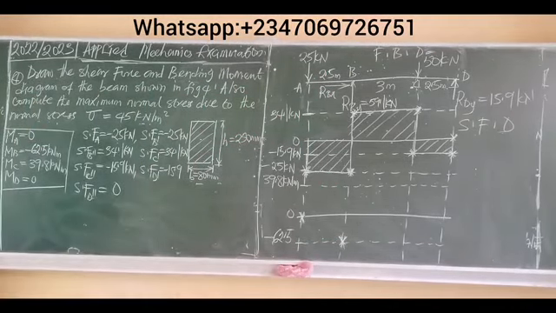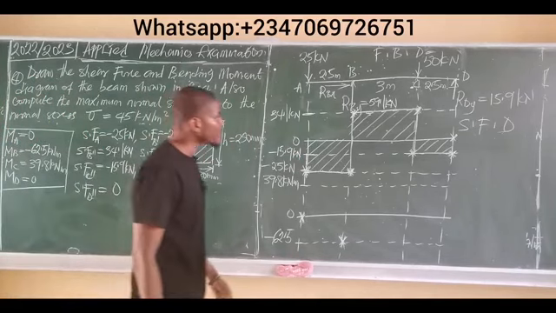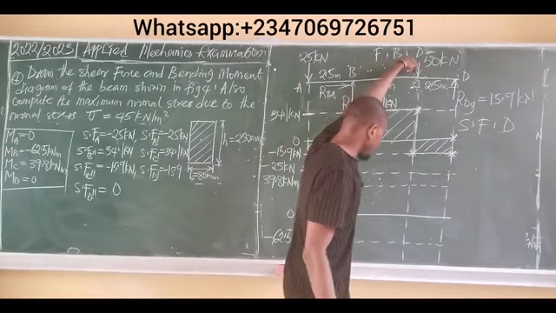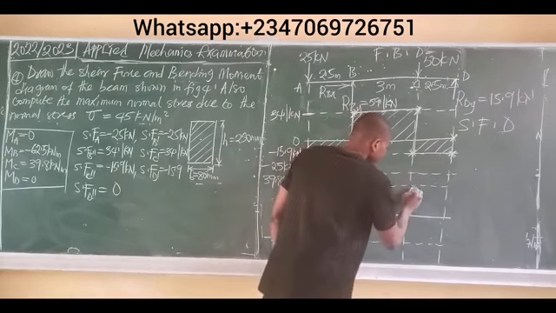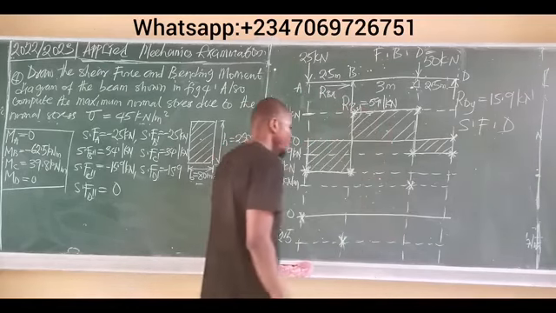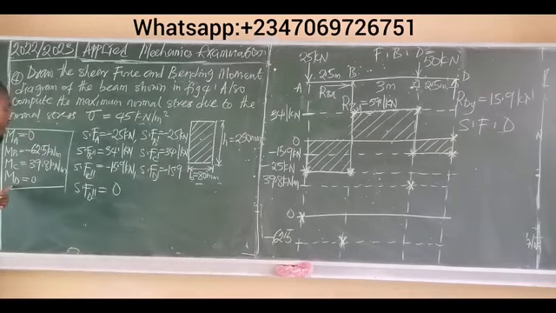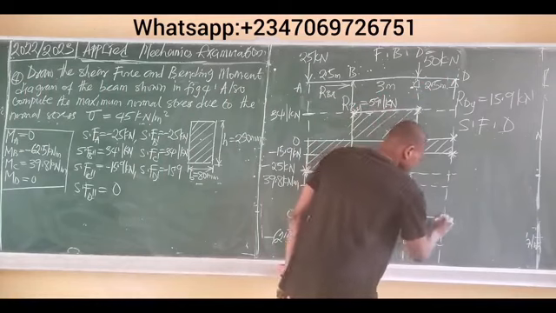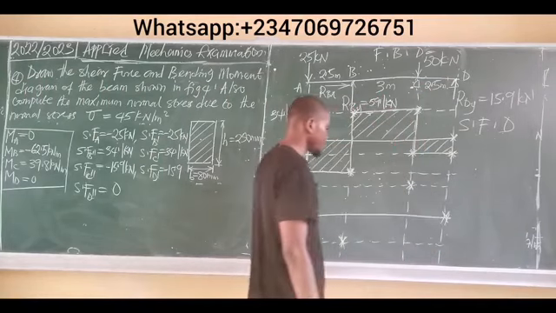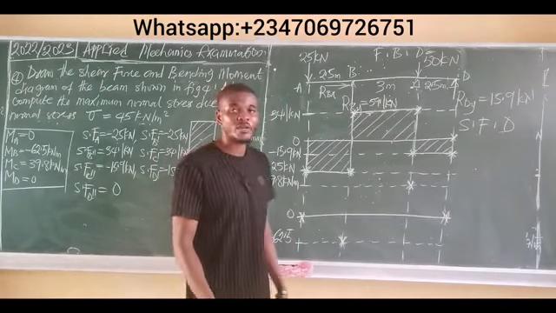Moment at C is 39.8. This is line C. This is 39.8. From here, this is where they meet. Asterisk. Finally, moment at D is 0. This is line D. This is the 0 mark. You simply mark an asterisk.